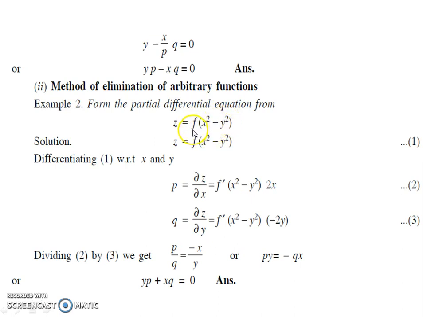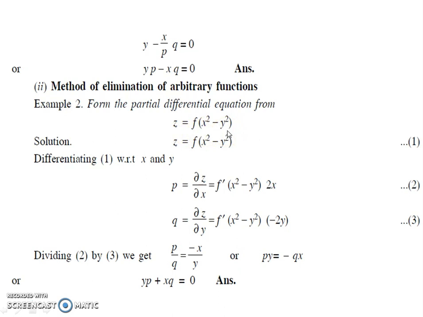Basically, inside this function f, you have some sort of expression. So this type of function is called an arbitrary function. It could have been x plus y, x minus y, xy by 2, x plus y by 2, etc. So basically you have to think about this part. This is basically the arbitrary function.